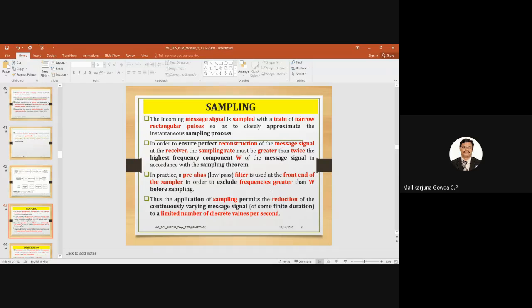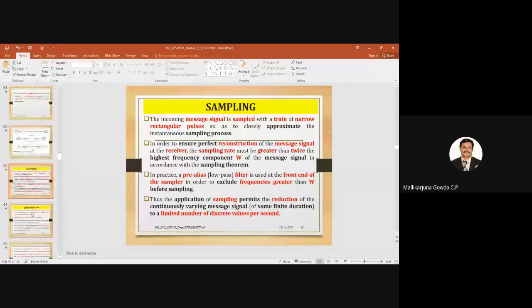I wanted to make it discrete. By doing sampling, I will be able to say these are the number of samples per second with so and so values. So that is the first step.